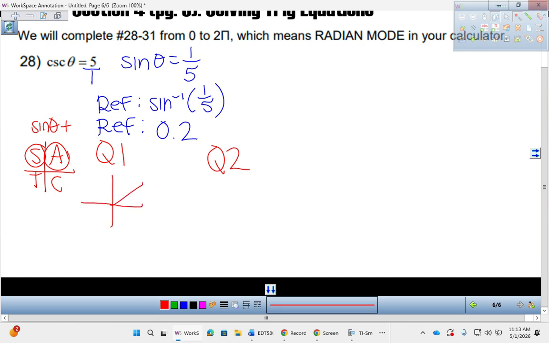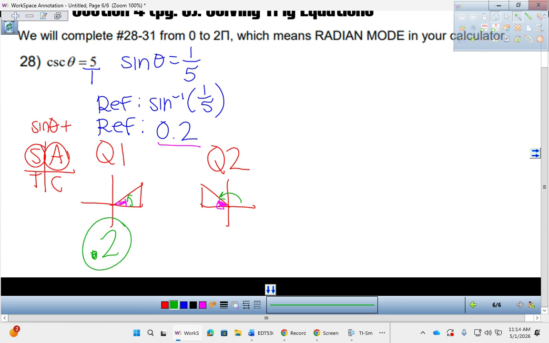I'm just drawing some angle in 1 and some angle in 2. This is 0.2. In quadrant 1, it's pretty straightforward. Green and pink are the same thing. So if the reference angle is 0.2, the standard angle is 0.2 as well.